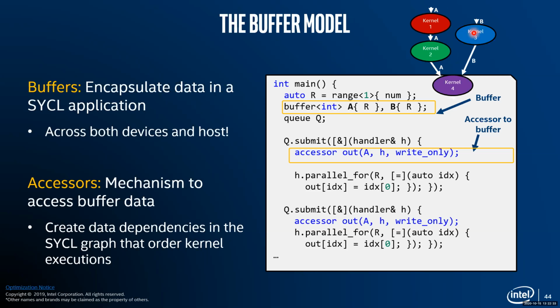So the main thing to take from this slide is that buffers are the way to share data between the host and the device, and accessors are the way to access this buffer data and also to create the data dependencies in the SYCL graph.